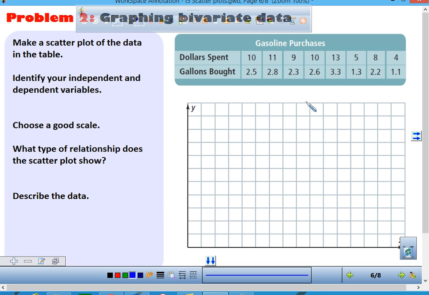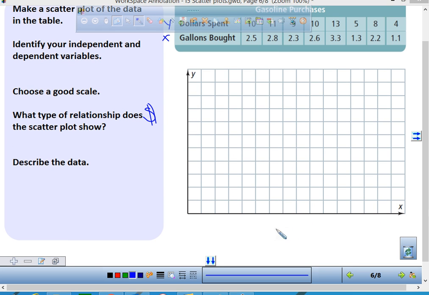So the dollars that you spend depends on how many gallons you buy. So really, dependent variable goes on which axis? Do we remember? Dependent goes on the y. So this is our y, this is our x. Okay, so we can now label our axis. This is our dollars, and then this is our gallons.